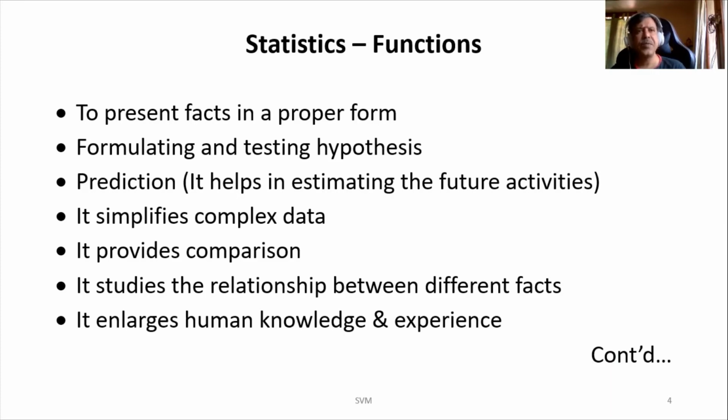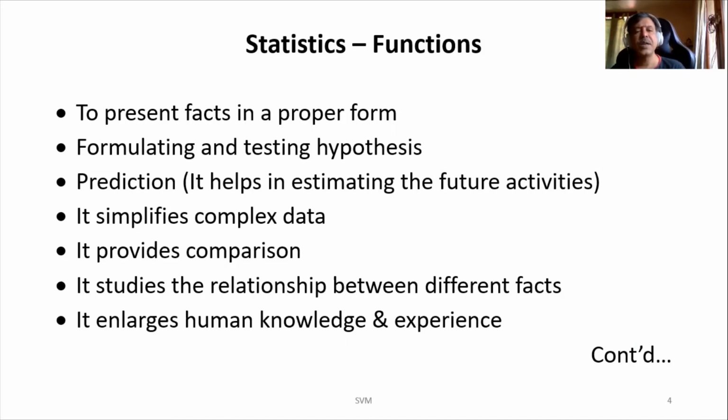Complex data can be simplified by using classification and tabulation. Tabulation enables comparison also, and correlation and regression try to study the relationship between two or more variables. There are different types of correlation available: product moment correlation, rank correlation, partial and multiple correlation.